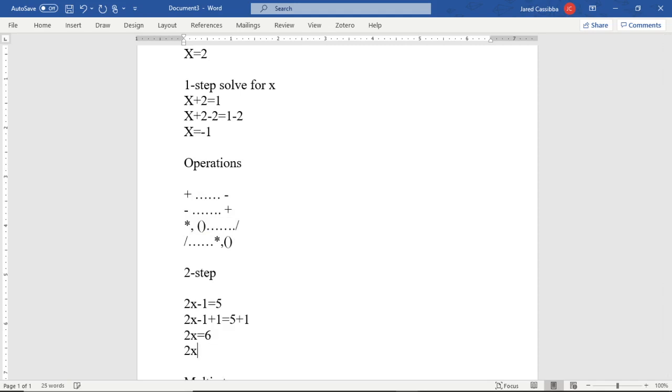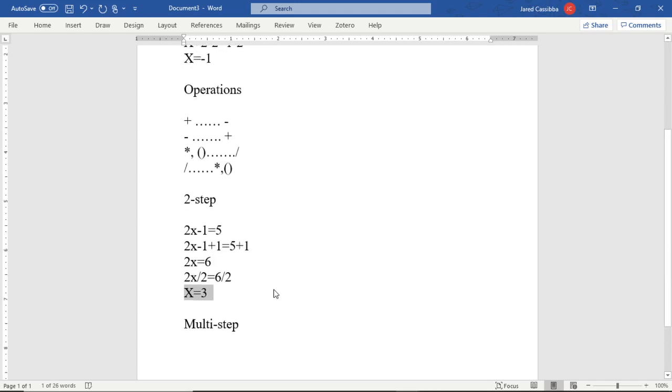So 2x divided by 2, like I said, we're going to use the slash, not the division sign, equals 6 divided by 2. Well, anything divided by itself is 1, so that's just x. And then 6 divided by 2 is 3. So for the two-step equation, it is a little longer, not really more complicated, just one more extra step you have to do.